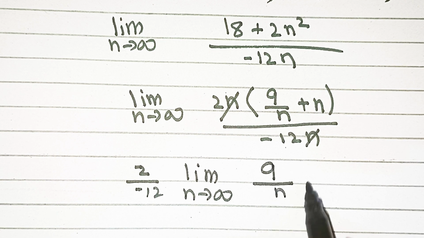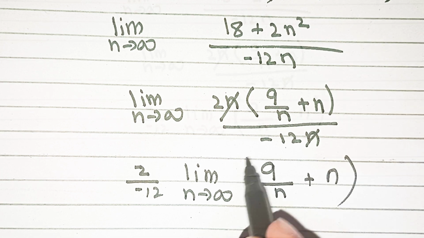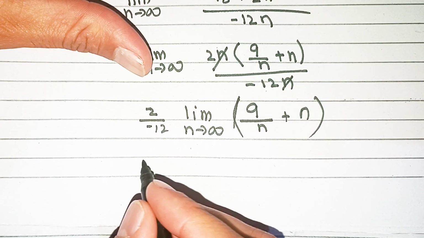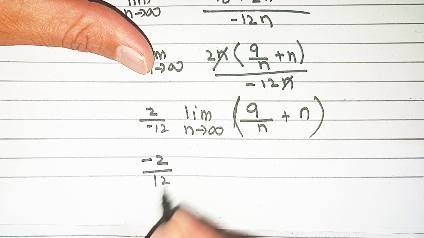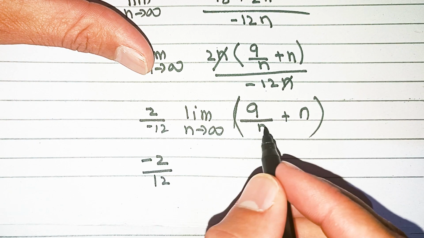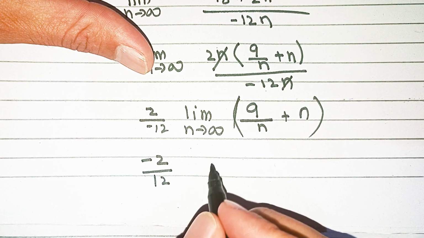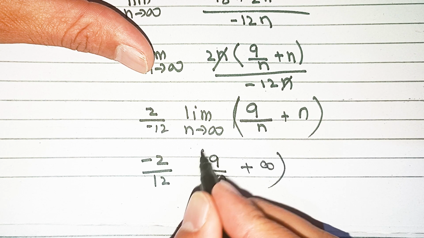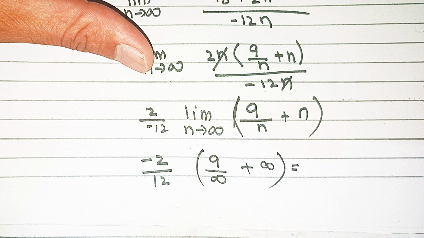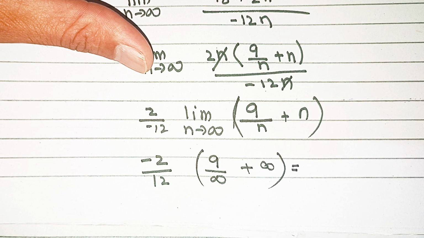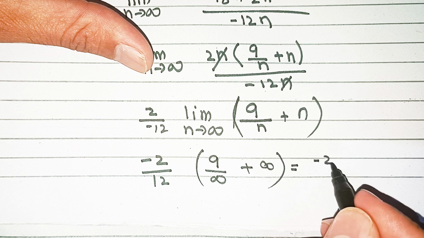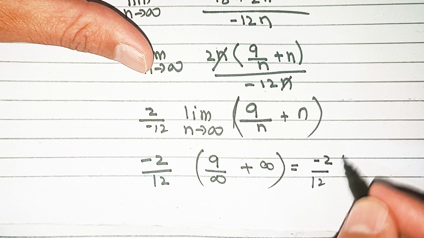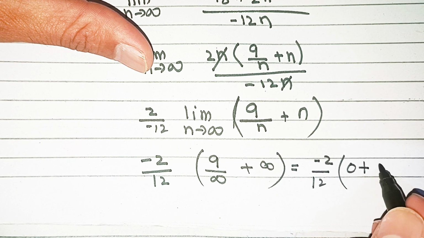Here minus 2 by 12 is the same, and put the infinity in the place of n, so 9 divided by infinity plus infinity, which is equal to, we know that every number divided by infinity gives us 0, so 0 plus infinity.